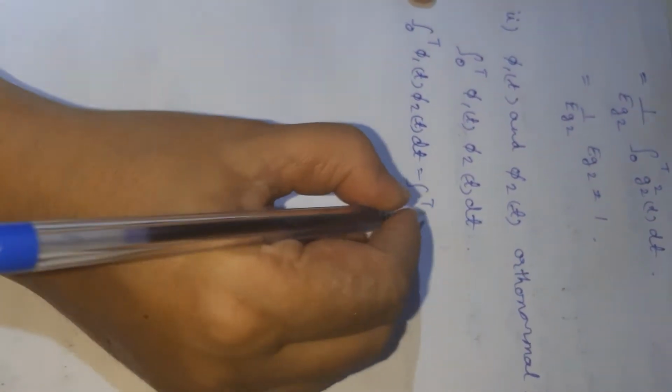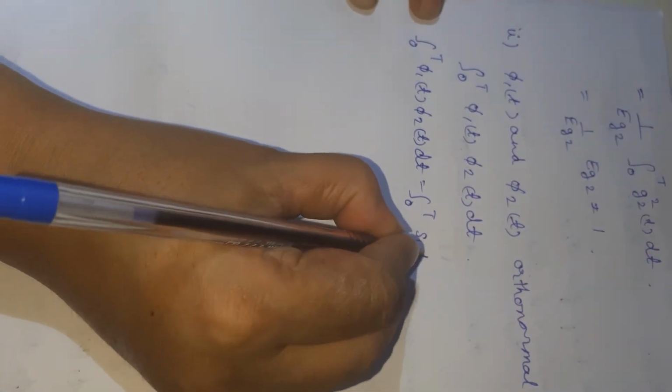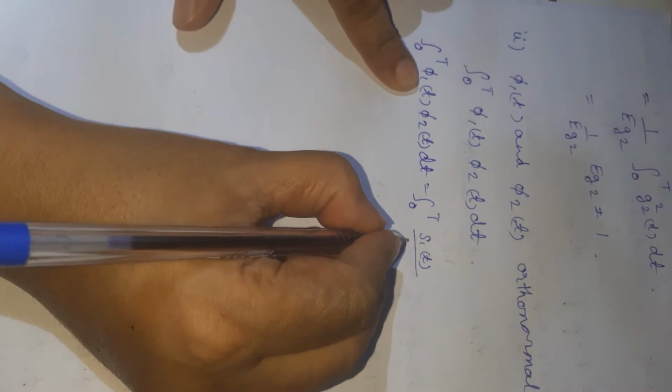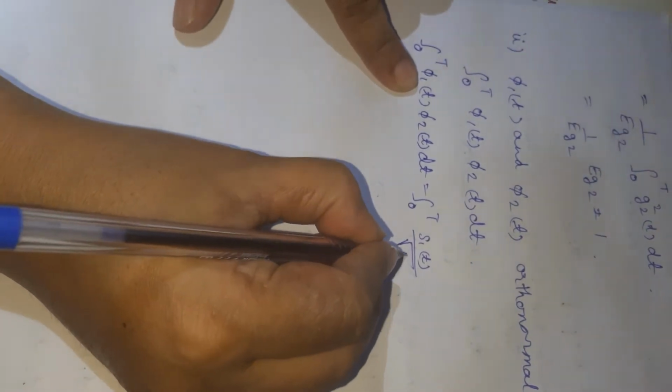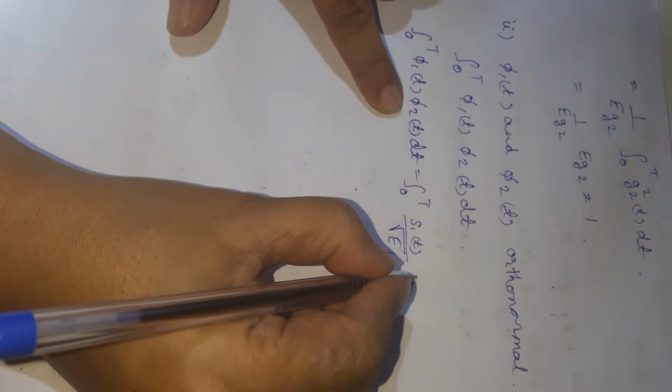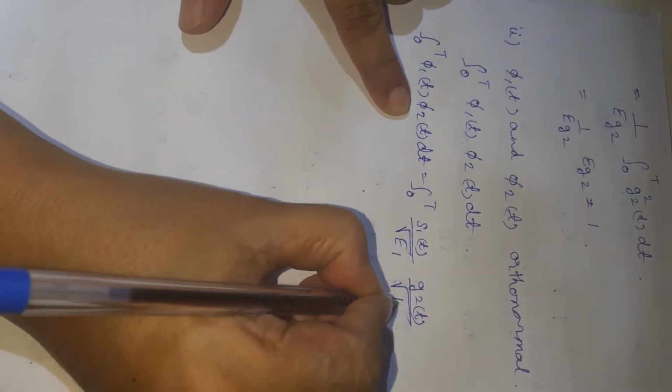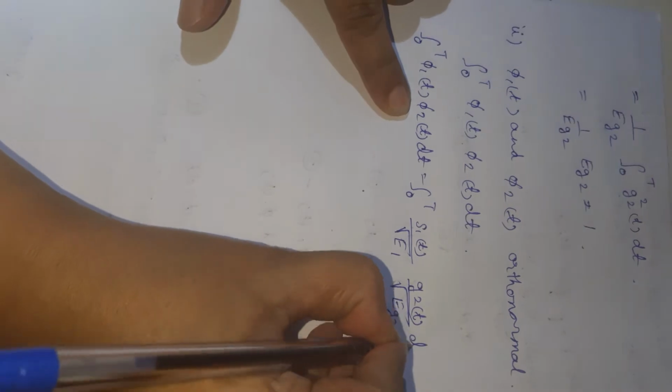Integration from 0 to T. We can put the value of phi 1 of t as s1 of t over root E1, and phi 2 of t as g2 of t over root Eg2, dt.